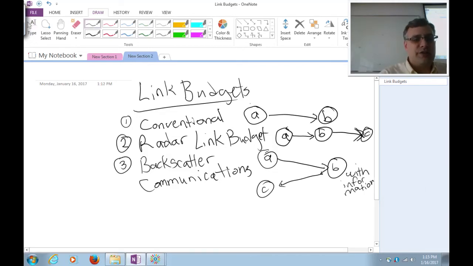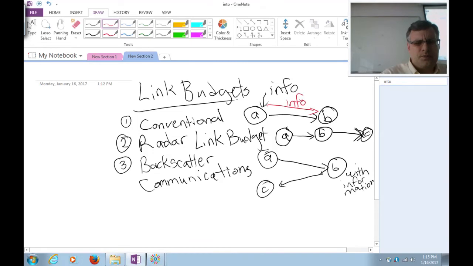In a classical conventional link budget for radio communications, number 1, the information is going from A to B. It's coming in at A and then you're transmitting it to B. In the radar link budget, the information is really the existence of the scatterer.